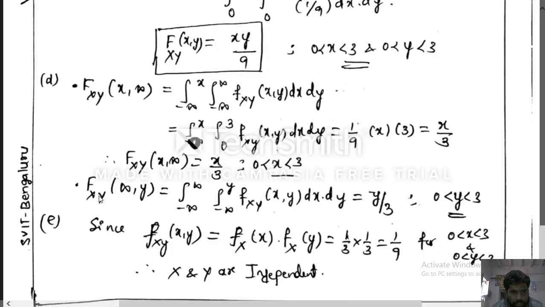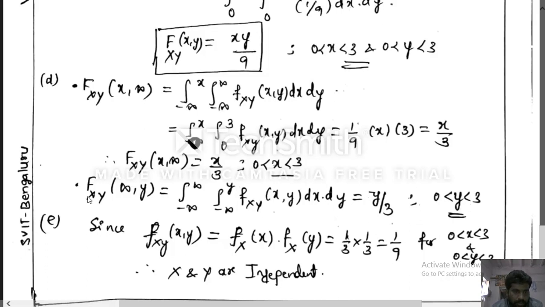Similarly, F_XY of infinity comma y is the case where the value of x is infinity. Therefore the first integral limits are minus infinity to plus infinity. The second integral limits are minus infinity to y of the joint PDF f_XY of x comma y, which is evaluated as y divided by 3 for the values of y between 0 to 3.